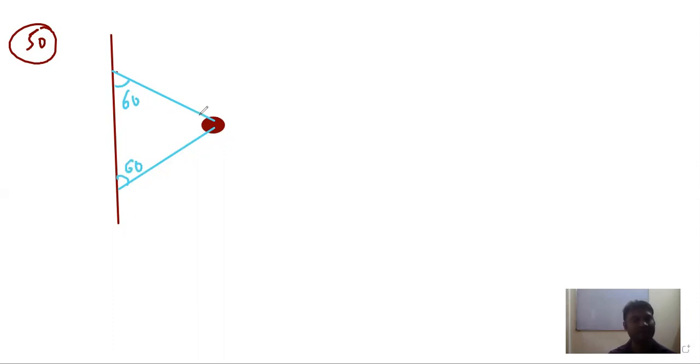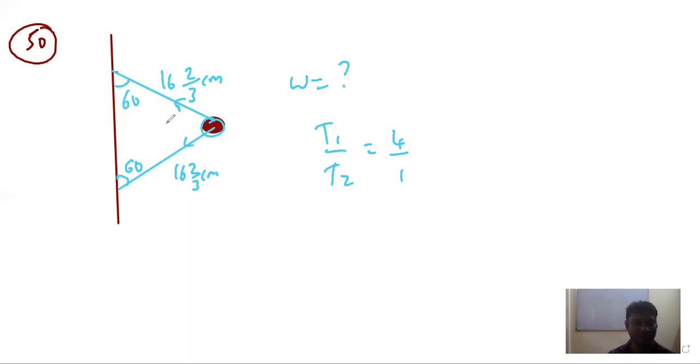So in this case, this block is connected to one end of two massless strings, 16√3 centimeter, with their other ends fixed to a vertical rod. We have to find the angular velocity. The ratio of tension T1 upon T2 is given to us as 4:1. Let us say this is tension T1, this is T2. So we have to find the angular velocity.